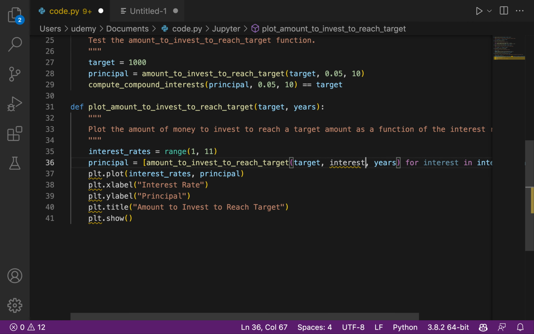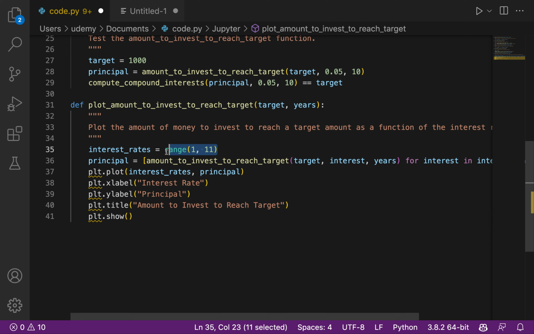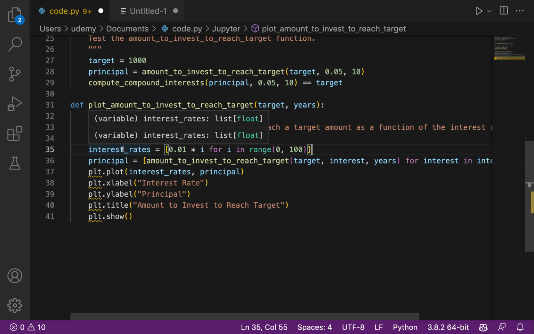But let's remove that. We will change this. Okay, perfect. And I'm pretty impressed that both times the algorithm was returning interest that were between 0 and 1, between 0 and 100%.